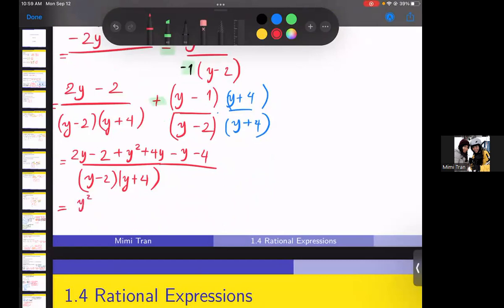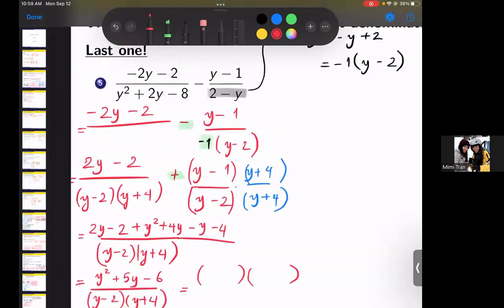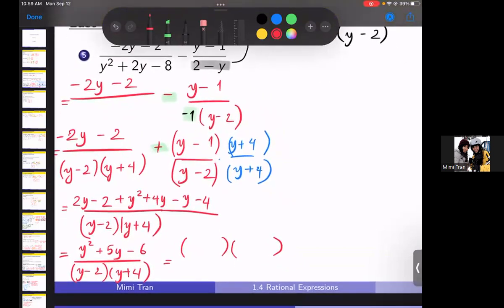So y squared first, and then I got 2y plus 4y is 6y minus y is plus 5y, negative 2. Negative. Oh, was it negative? Oh, thank you. Negative, negative.